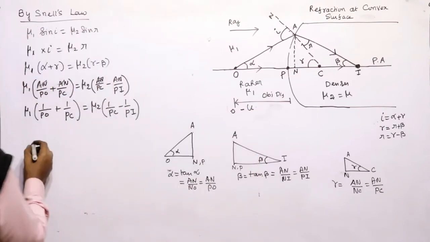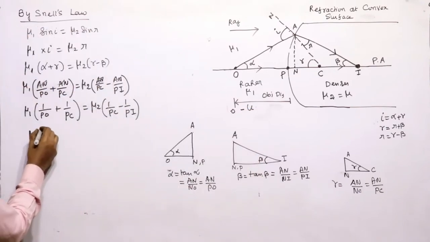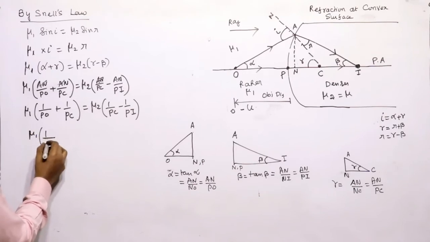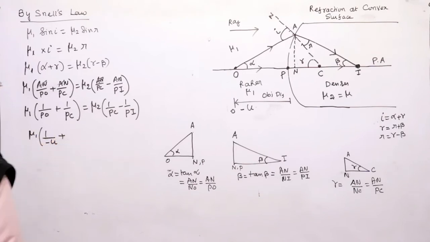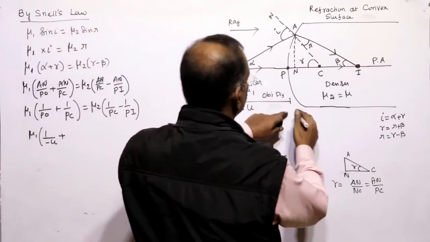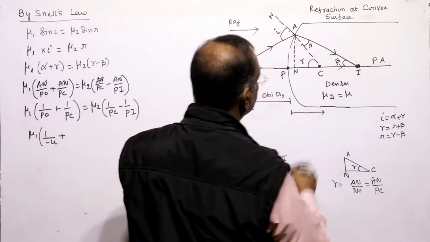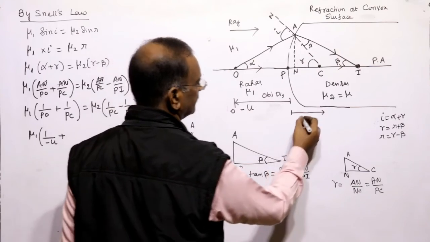So we can put mu1 into 1 by minus U plus PC. PC is this distance from here to here, the radius of curvature.